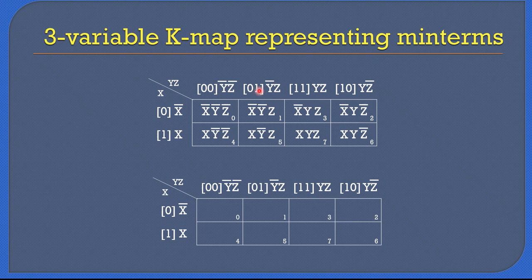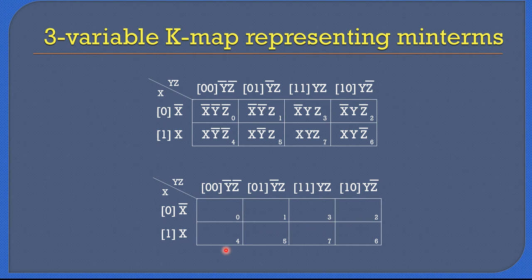That means 0, 1, 3 and 2. So here also, whenever you number it, you write 0, 1, then go to the last box, that is 2, and then come back to the previous box, that is 3. We will tell you why later.